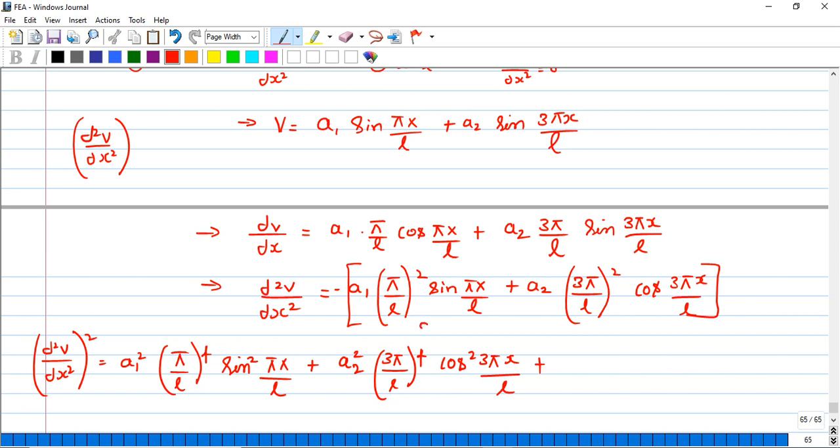You can consider this entire term as a and this entire term as b. So just substitute the (a plus b) whole square formula, that is a square plus b square plus 2ab.